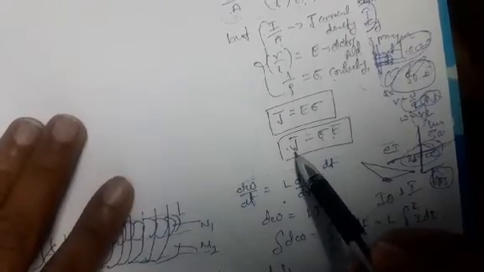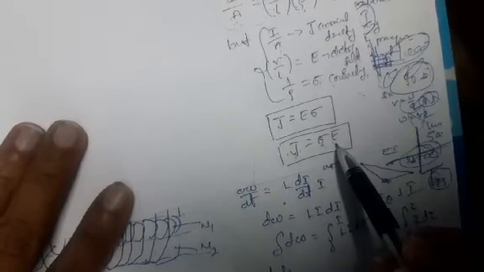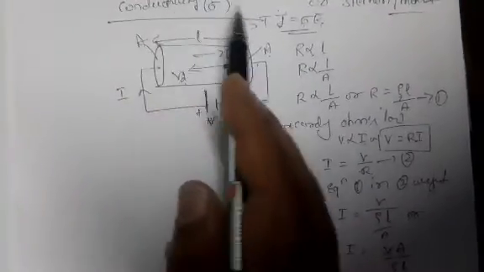The reciprocal of resistivity is called conductivity. Substituting in equation number 3, finally we get J is equal to sigma E. J is the current density, sigma is the conductivity, E is the electric field. This is the relation between current density and conductivity.